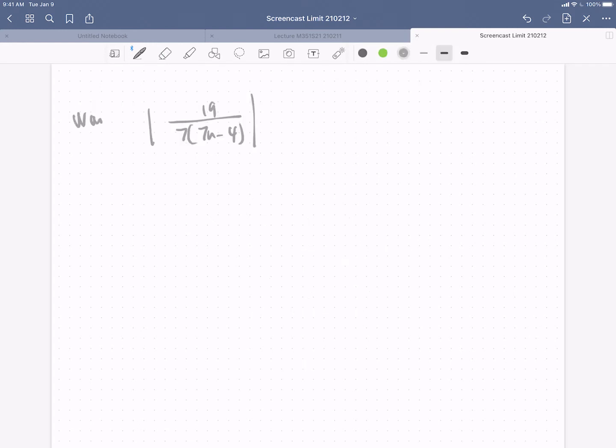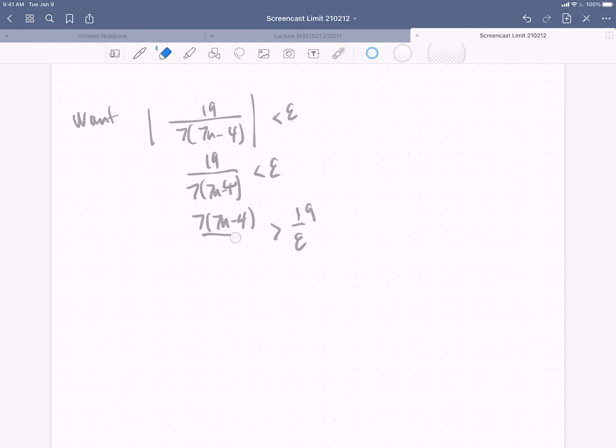So we want this quantity to be less than epsilon. On the left-hand side, everything's positive, so I can drop the absolute value signs. I really want to solve for n, so I'm going to invert both sides, and inverting in an inequality changes the direction of the inequality. Now let me multiply both sides by 19. Then divide both sides by 7.